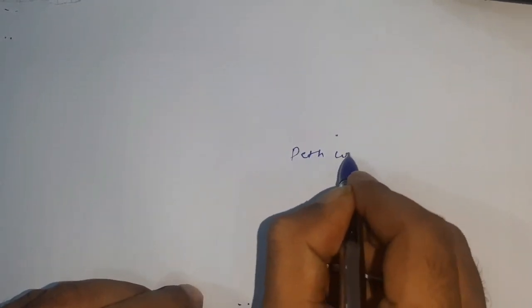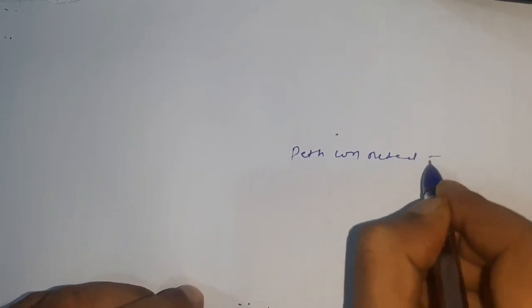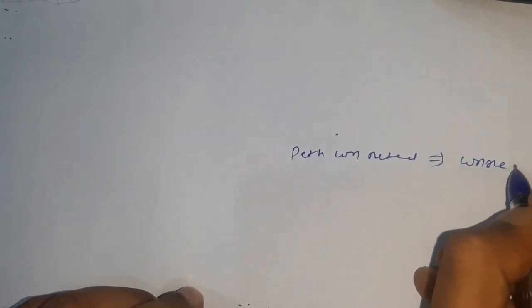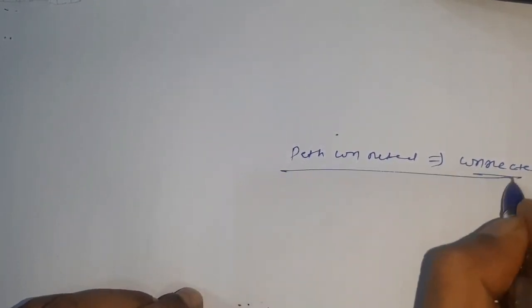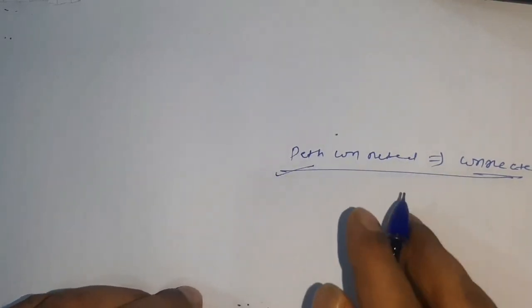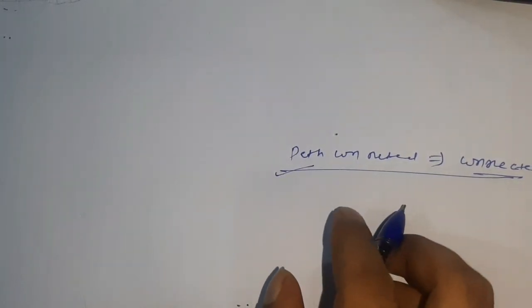In R it is generally true, and I already told in the previous video, that path connected implies connected set, and I have given the proof of this result in the previous video.